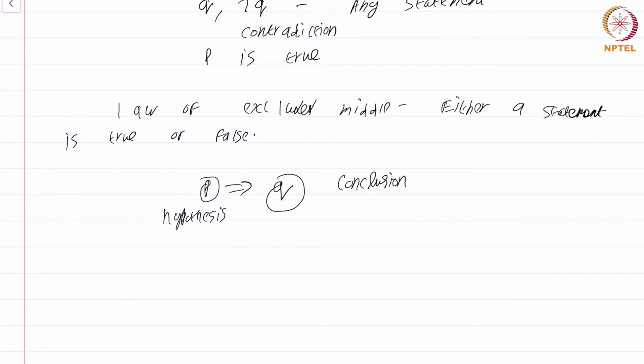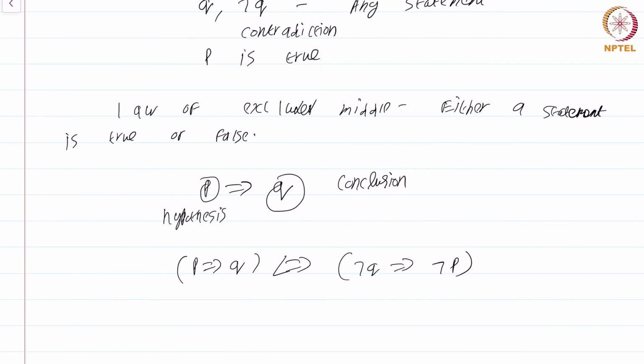Now note that, or rather check that, P implies Q is equivalent to negation Q implies negation P. What do I mean by equivalent to? I mean that both truth tables are exactly the same. The truth table of P implies Q and the truth table of negation Q implies negation P are exactly the same.